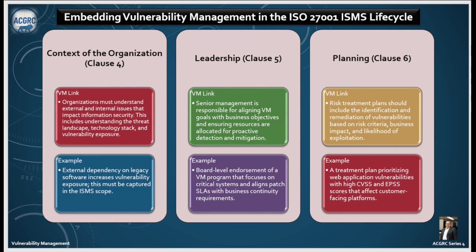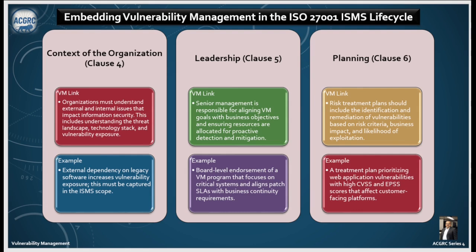Well, what does clause 4 ask you to do? Clause 4 tells you to define four key things before building your security system. First, internal and external issues. In plain terms, it means what are the things inside and outside the organization that can affect security? Example, business goals, industry risk, regulation, culture, cyber threats. The second is interested parties, which means who cares about information security.